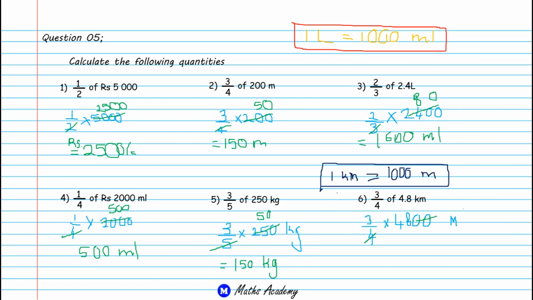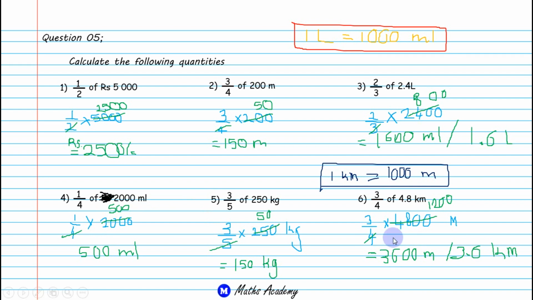If you cancel this and this, you get 1200, so that is equal to 3600 meters. So 3/4 of 4.8 kilometers equals 3600 meters or 3.6 kilometers.